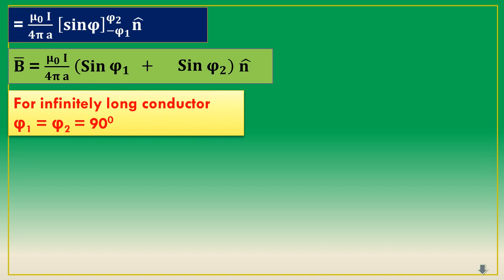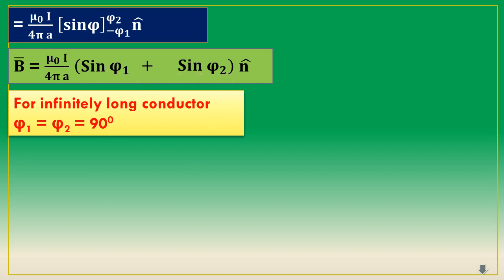For an infinitely long conductor, phi 1 and phi 2 are 90 degrees. So if we substitute 90 degrees here, we get sin 90 degrees plus sin 90 degrees.